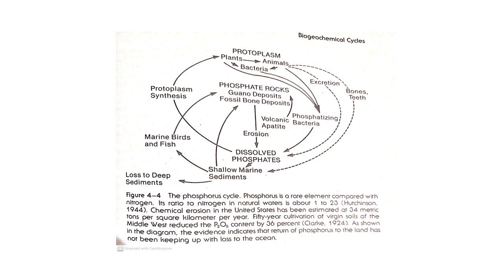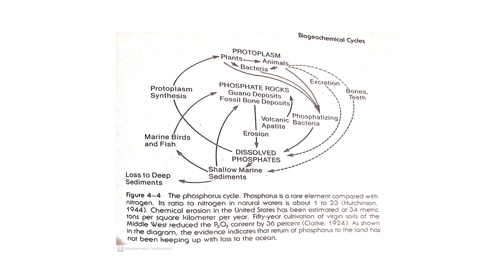These dissolved phosphates go into shallow marine sediments, from where a fraction is lost to the deep sediments. From shallow marine sediments, marine birds and fish take up these phosphates, and they again discharge them on the phosphate rocks as guano deposits.